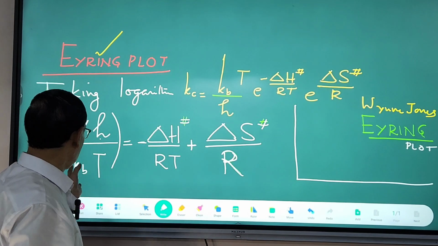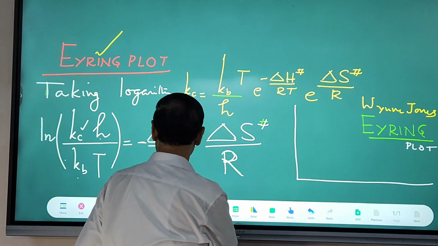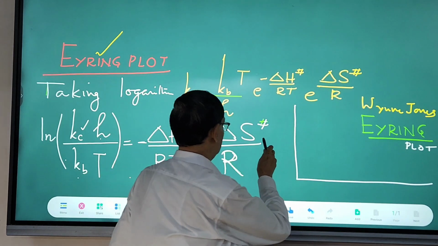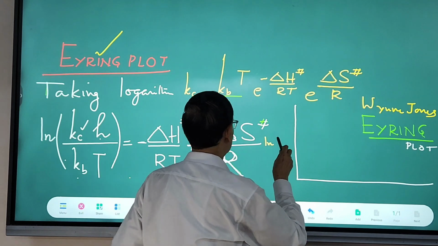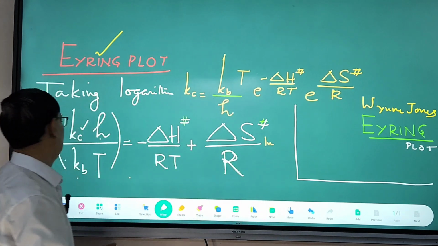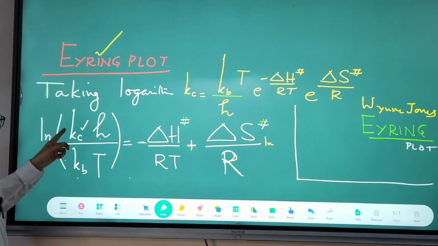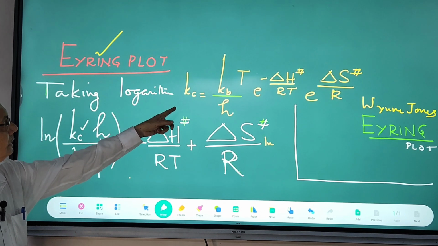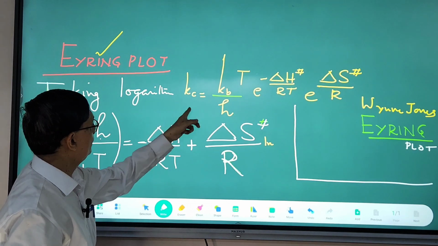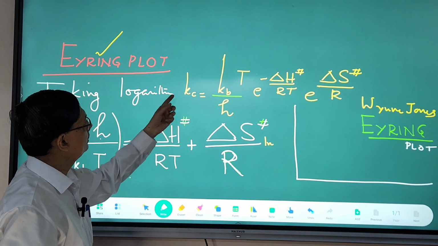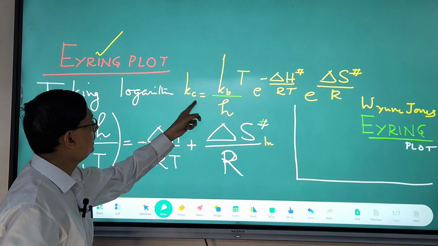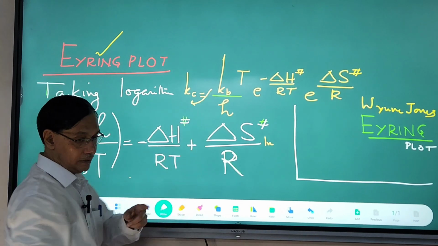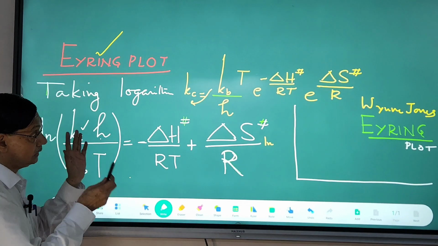If I plot a graph, if I use now yellow color, same thing, natural log of. In some books, what I have seen is that they only plot between Kc and T, like Kc divided by H, Kch upon T, or simply Kc divided by T. But I am using the book of chemical kinetics and Laidler's original research paper.